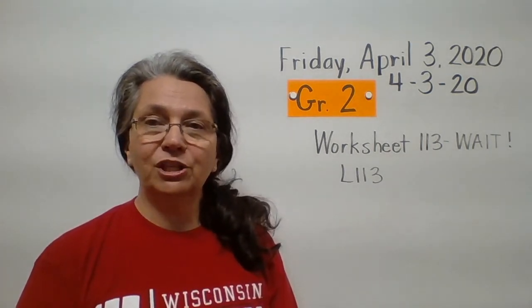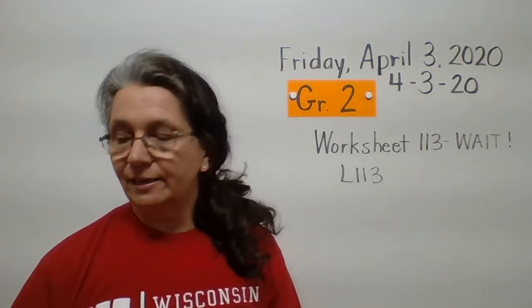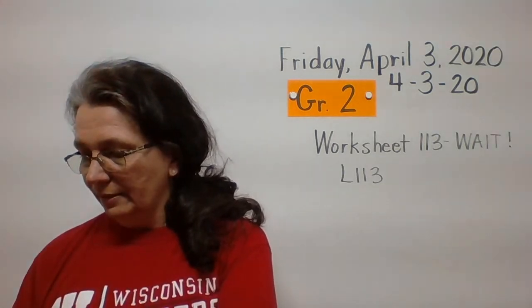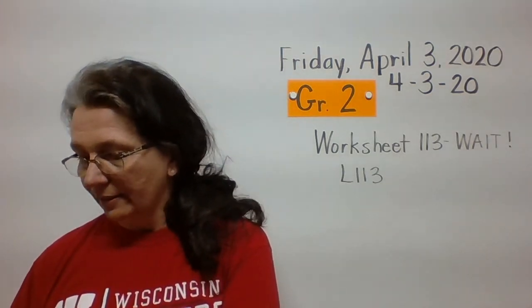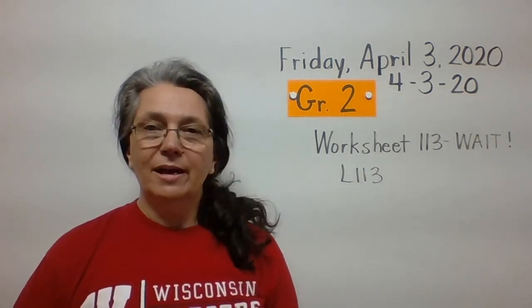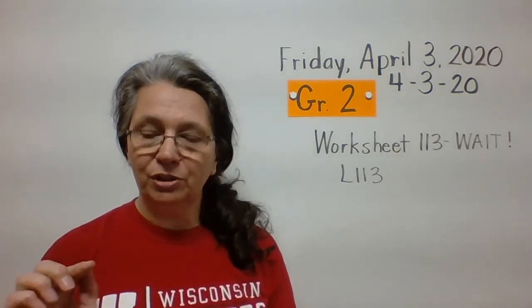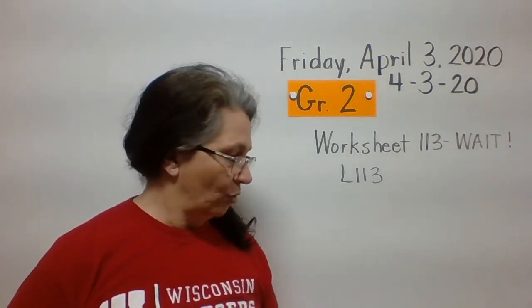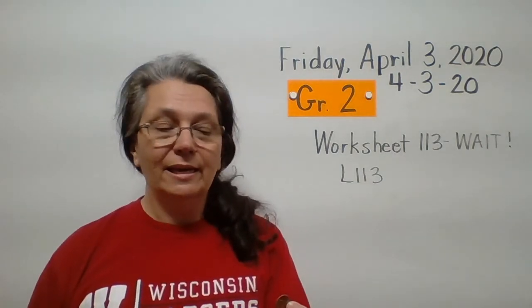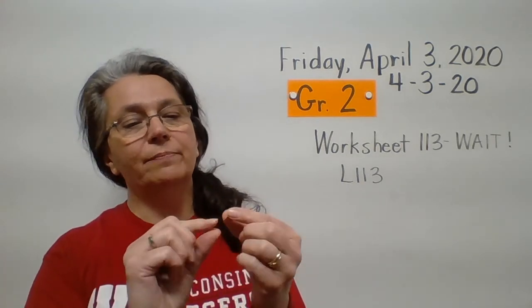On your worksheet page, you notice that across the top it has bars where you have different years. I'm going to send home a whole bunch of pennies with you, and you have to look at the front of each penny.